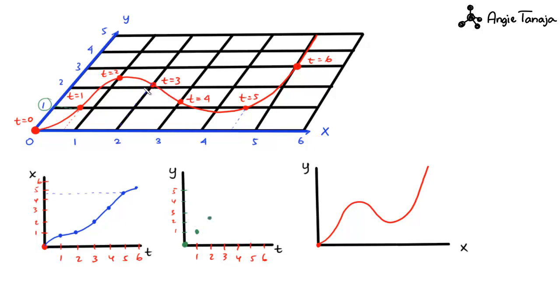And when it is 3, it goes back to 2. When it is 4, 1 point something. When it is 5, exactly 1. When it is 6, 3. So in terms of the vertical motion, it will be something like this.